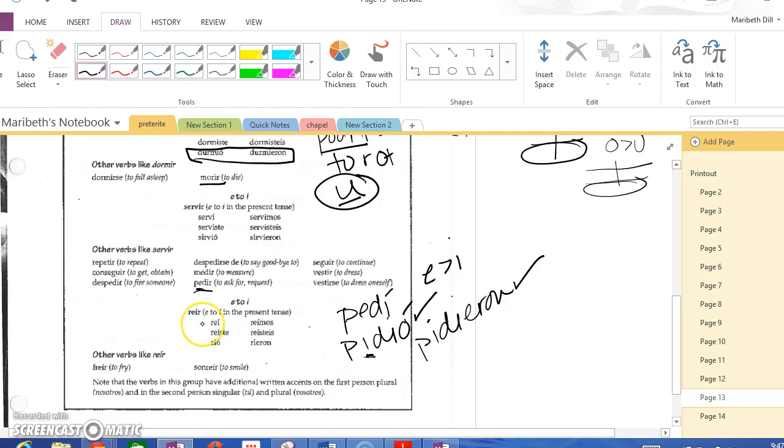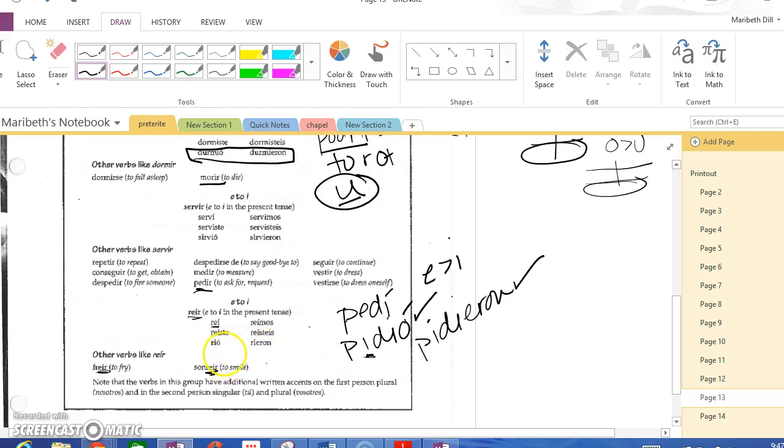Okay? Reír is an interesting verb. It's a little different because it's kind of a combination of the 2 things we've talked about today, because of the 2 vowels in a row. Reír, freír, and sonreír.